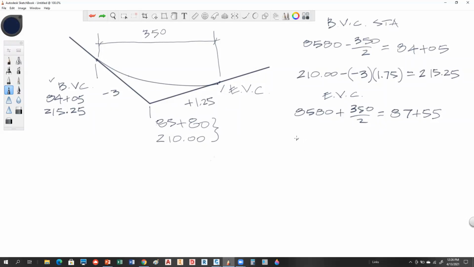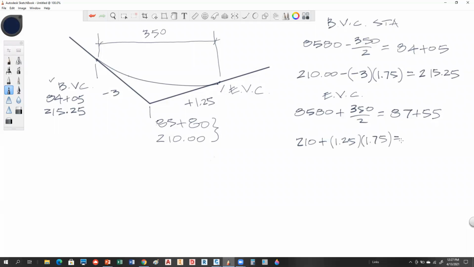All right, so to get my EVC elevation, I'm going to take the PVI elevation plus the grade going out. Now, if he had a negative grade, then it would be plus or minus, but it's the same positive direction. And again, I'm traveling 175 feet from here, so it's actually 1.75 stations.